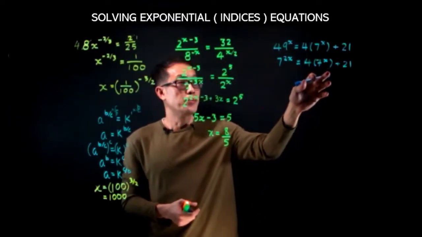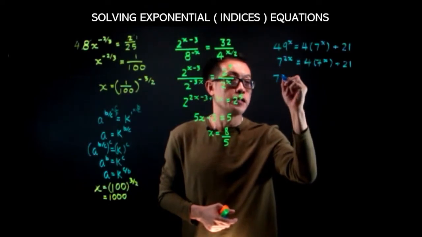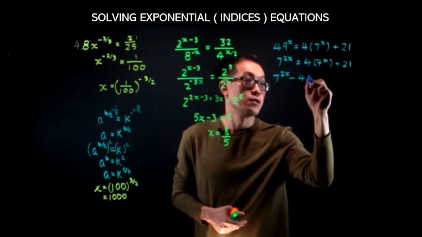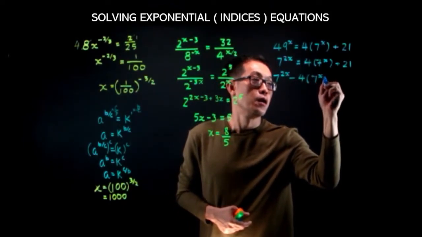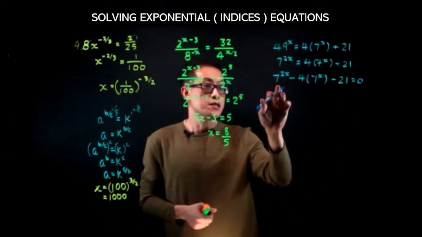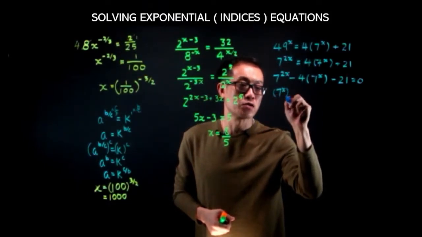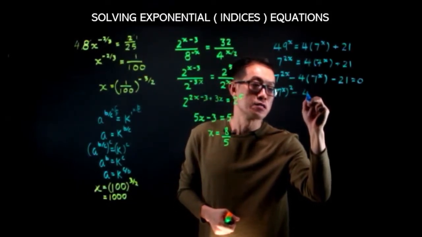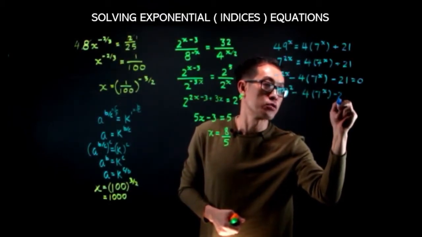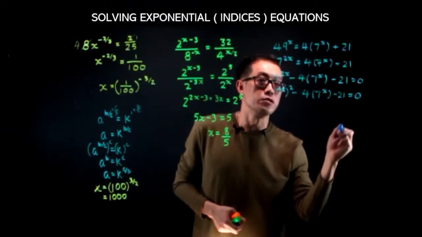Okay, now you bring these two terms over, and it is actually a quadratic equation. Now this is actually 7 to the power x squared minus 4 times 7 to the power x minus 21 equals 0.